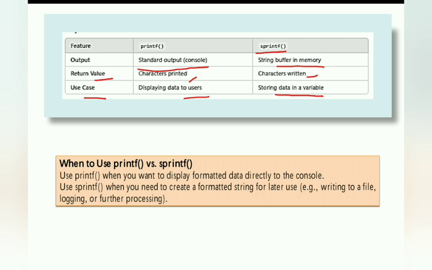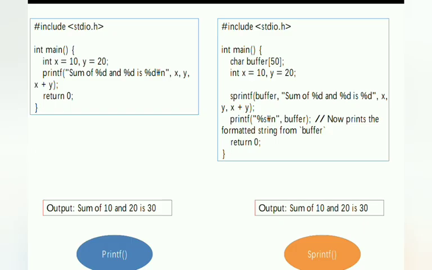So when to use printf and sprintf? We use printf when we want to display formatted data directly to the console, and we use sprintf when we need to create a formatted string for later use. That means if you want to write to a file, do logging or further processing, then we use the sprintf function. Let us see an example of the difference between printf and sprintf.